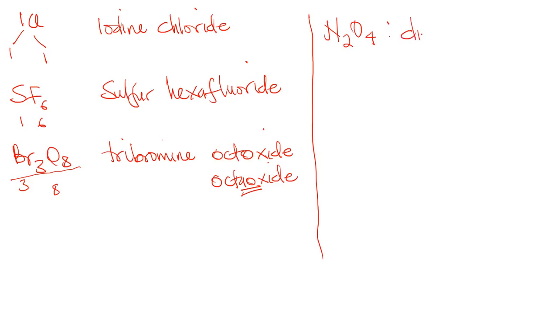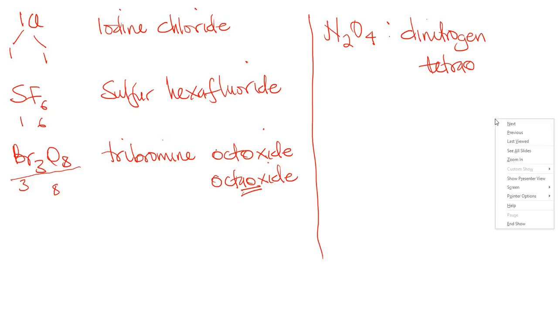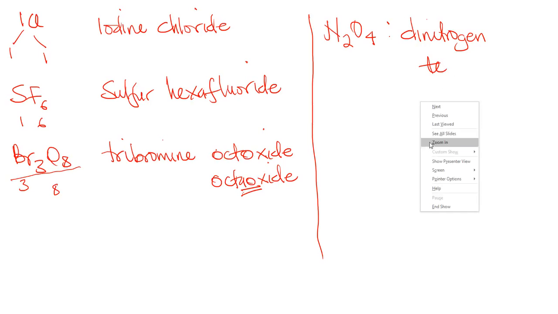So this one is dinitrogen tetra, because there are 4, tetroxide. But as I said earlier, I don't want to put A and O together. So I'll just say tetroxide.